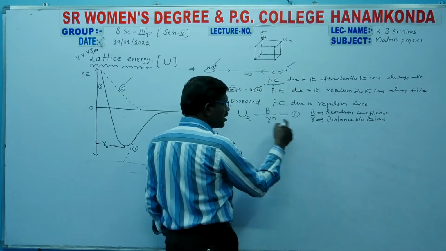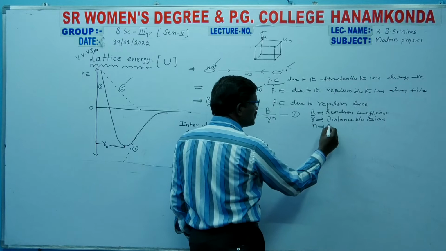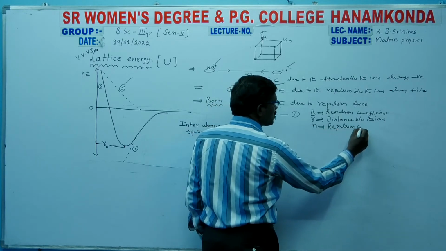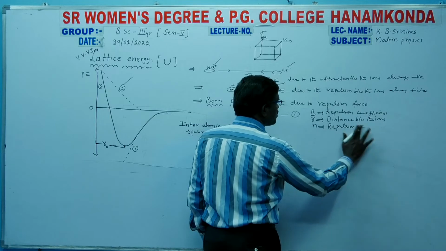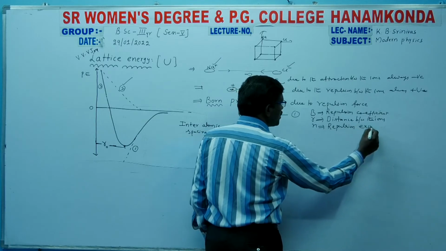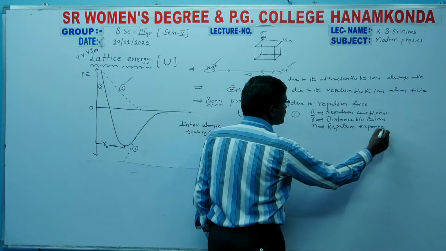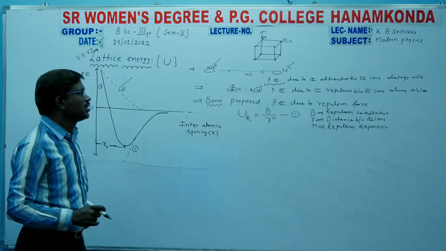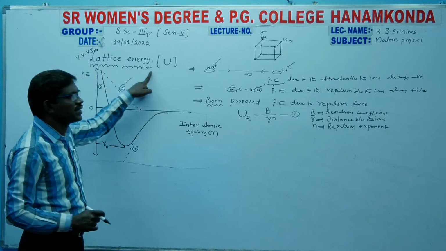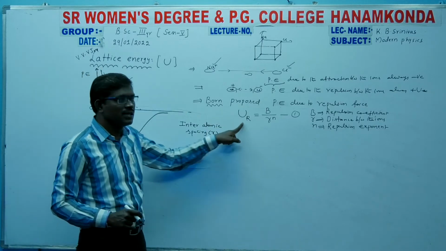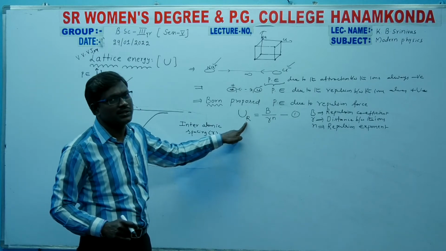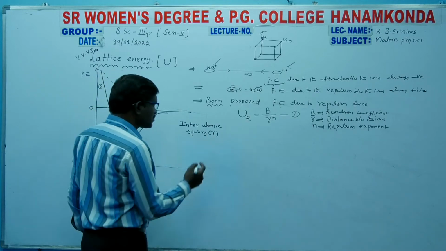And what about small n? Small n is the repulsion exponent. This is about Born's expression. I want to calculate the total lattice energy. Before that we have to calculate the potential energy due to repulsion and the potential energy due to attraction.